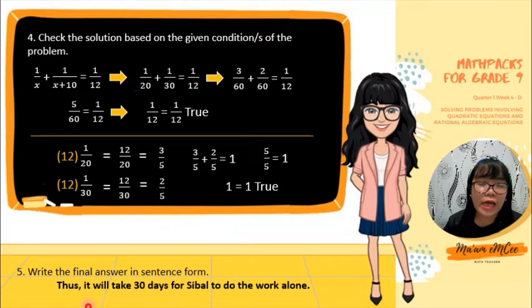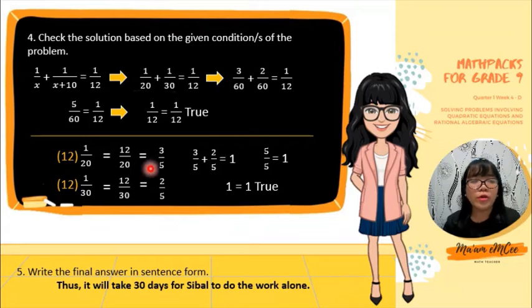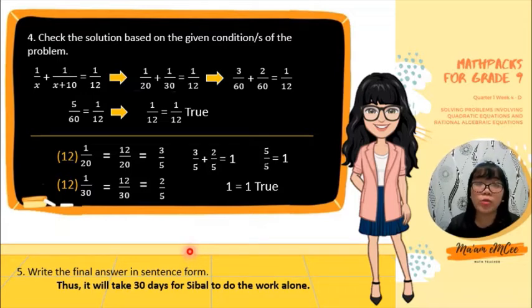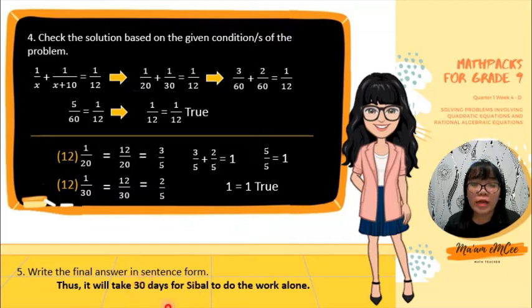So our final answer will be: thus, it will take 30 days for Sibal to do the work alone. Although Jackson's number of days is also solved, the question only focuses on Sibal. So our final answer should be 30 days.